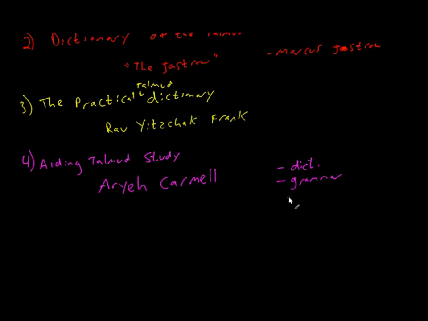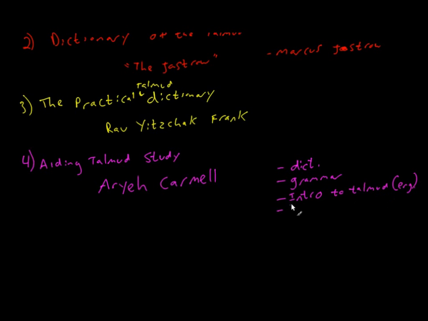So as a grammar resource, it has an English translation of the intro to the Talmud, which is printed in the back of Gemara Brachos in the Hebrew. So this has it in English, intro to Talmud in English. Okay.